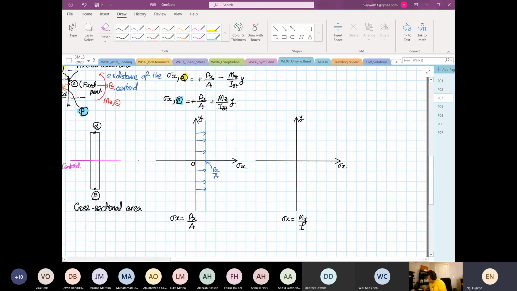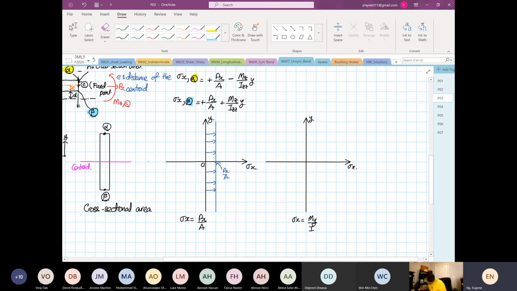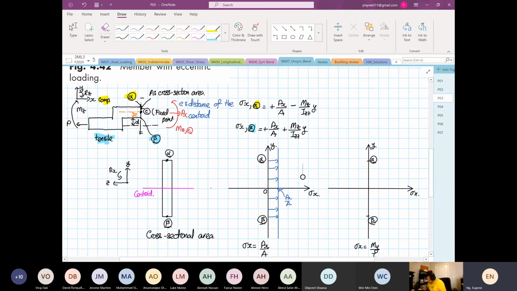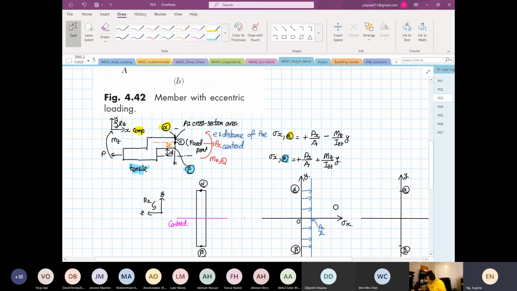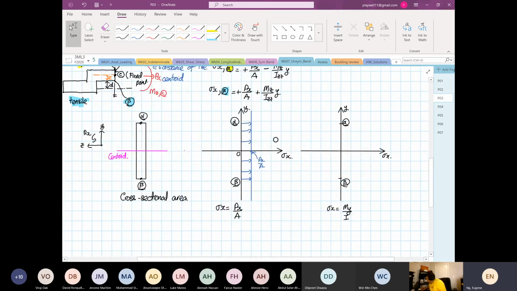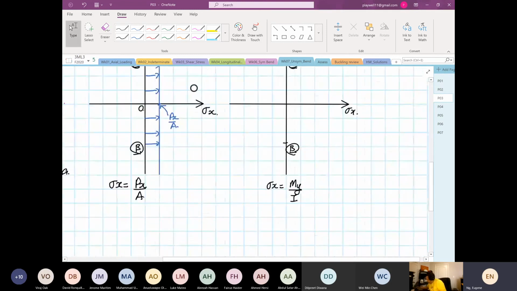So what you see over there, the top part is your alpha point, right? The bottom part is your beta point, right? So this is also beta, and this is alpha. So what we'll see is, based on this loading condition, alpha is in compression and then beta is in tension.